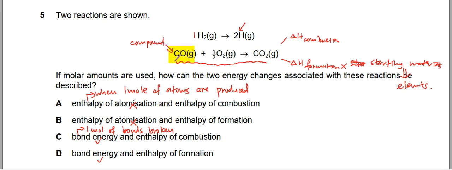So this is not an enthalpy of formation. So it is a combustion. Combustion is for when 1 mole of substance is reacted. So this is correct, so the answer is C.